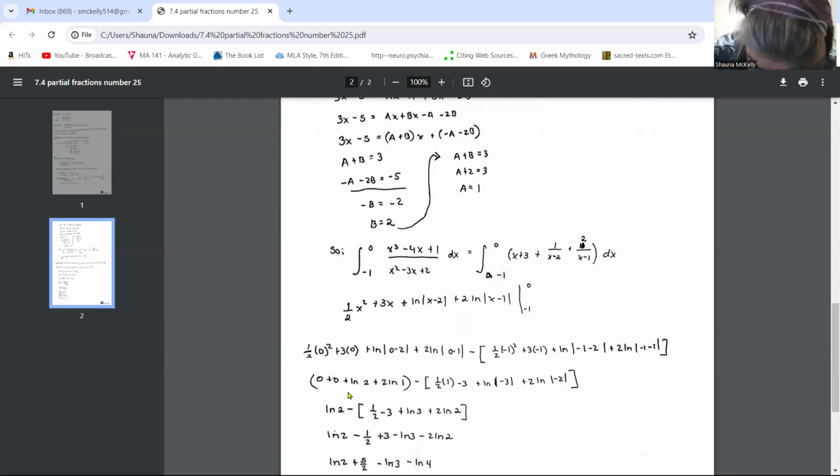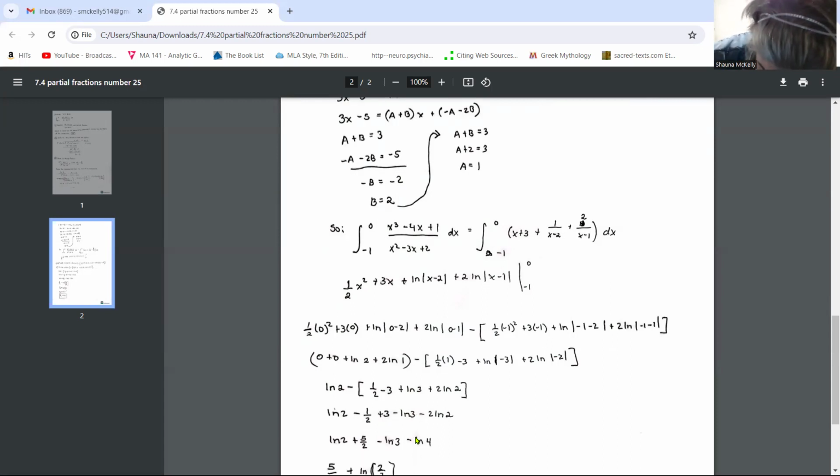So I have the natural log of 2. And if I combine it all together, you have the natural log of 2 minus 1/2 plus 3 minus the natural log of 3 minus 2 natural log 2.